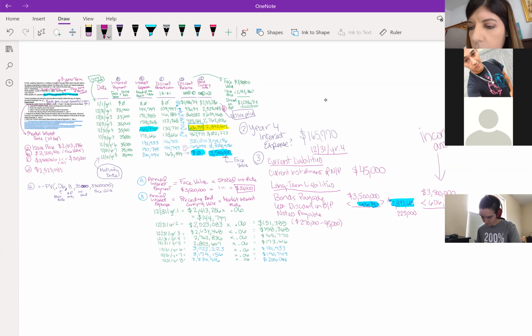So I'm going to put it under this one too, because the last line would also be incorrect. And this would be total long-term liabilities. And it's the sum of these two numbers.